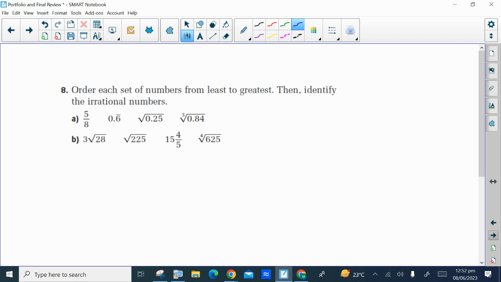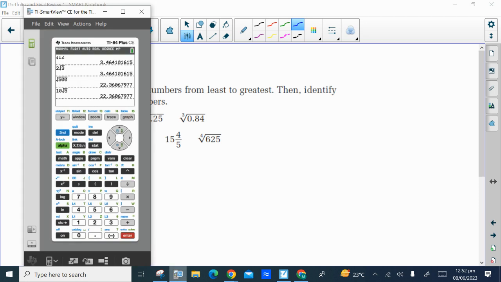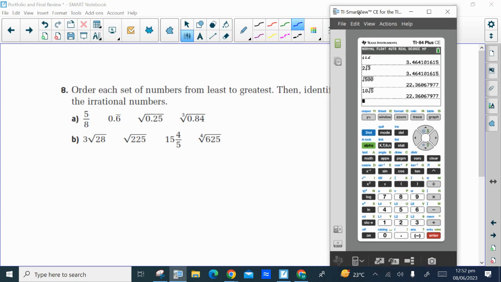We talked about irrational numbers yesterday. Those are numbers that are non-repeating, non-terminating decimals. They cannot be expressed as a fraction. So 5/8 is not irrational, it's rational. It is a fraction, so it's rational. If you were to write that as a decimal, 5/8 is a terminating decimal.